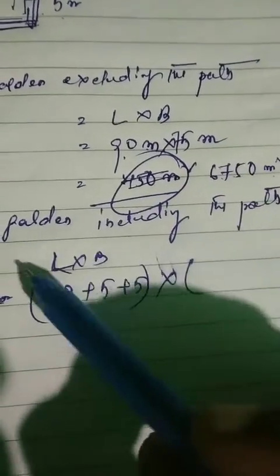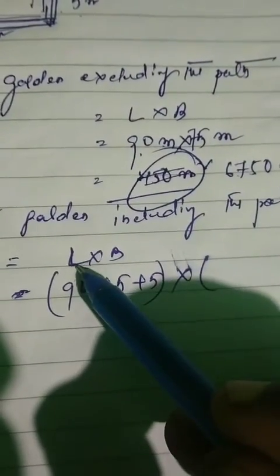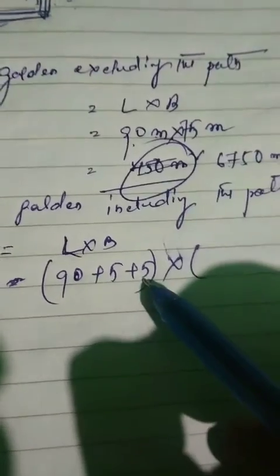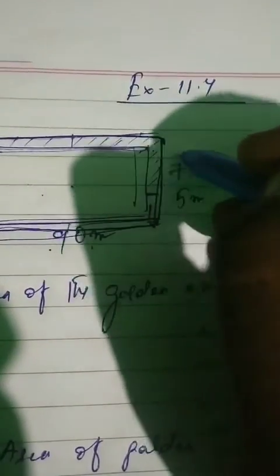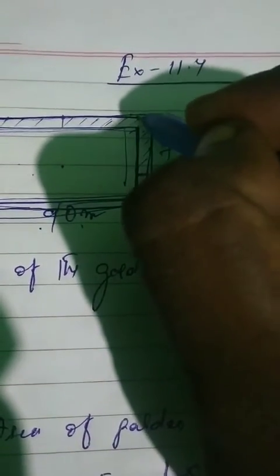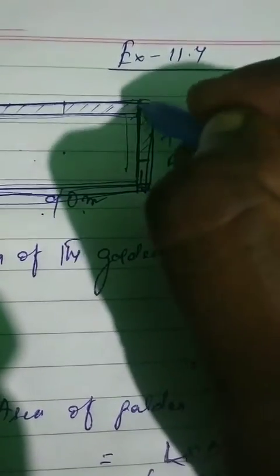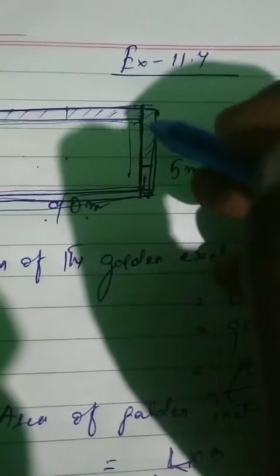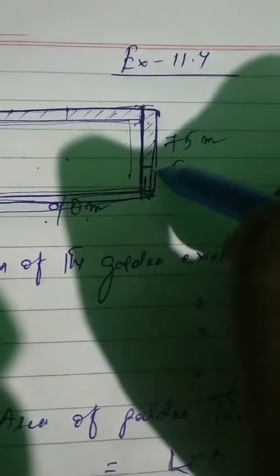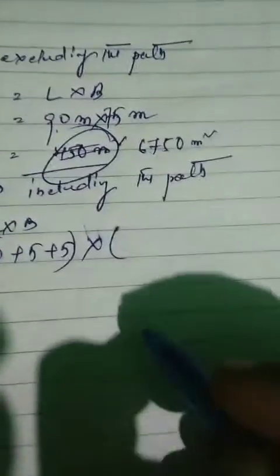So again children, when I'm writing the area of the garden including the path, naturally length will be 90 plus 5 plus 5, and breadth will be in the same way. 75 meter is only the breadth of the garden, with 5 meter from here and 5 meter from here, because the road is 5 meter wide.